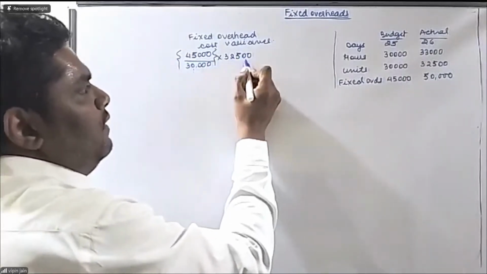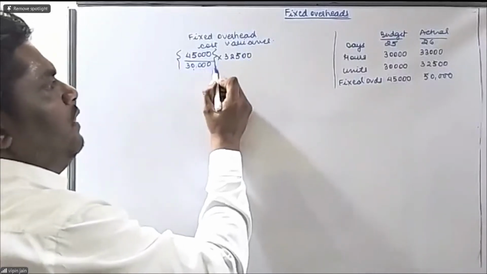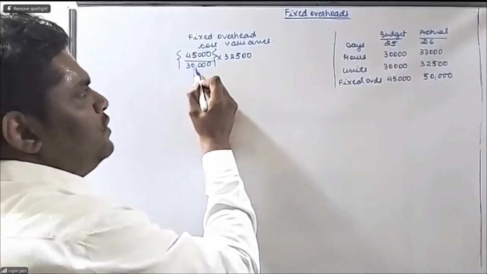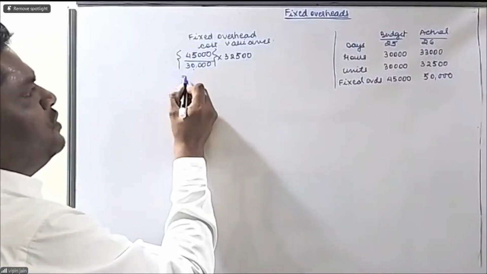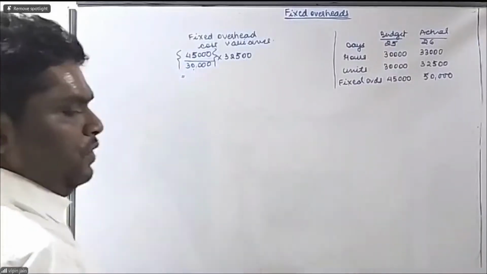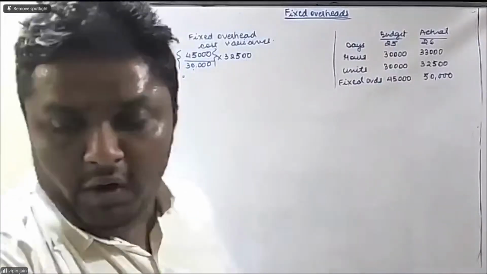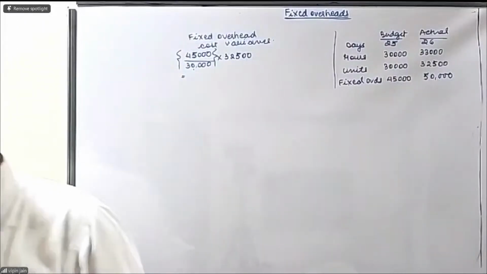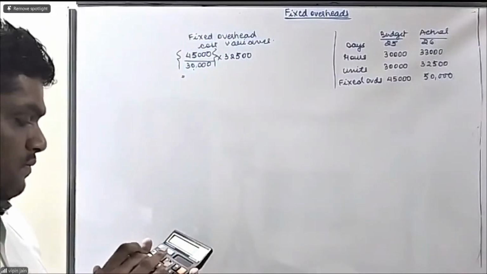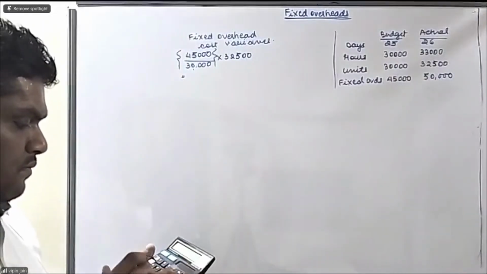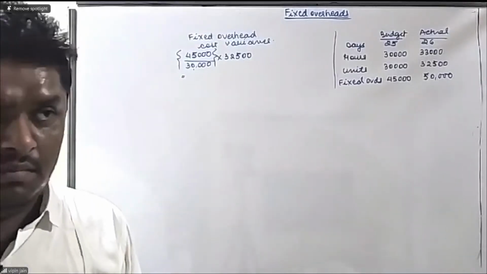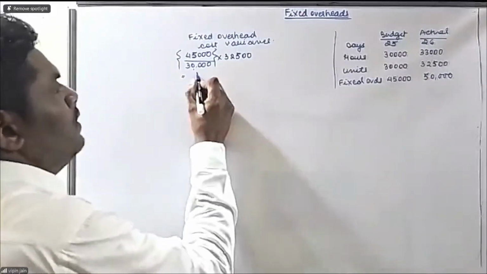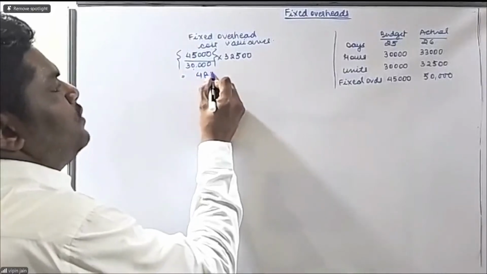Thereafter, we will apply this absorption rate to actual units. This is how we will get absorbed overheads. So what will be my absorbed overheads? So this will be my absorbed overheads.